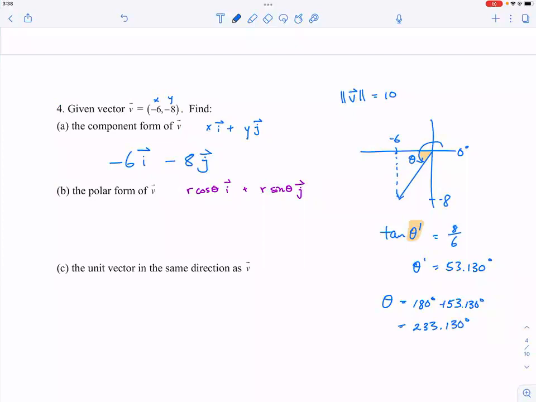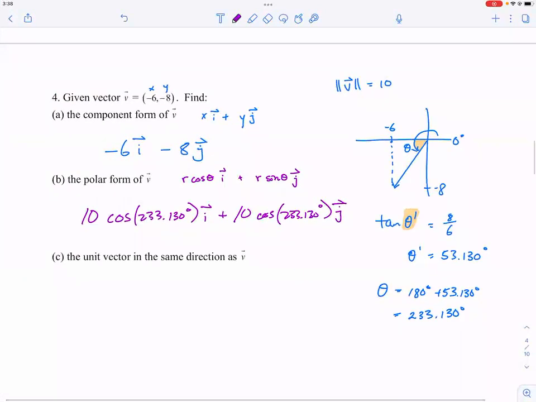So your polar form is going to be 10 cosine of 233.130 degrees i plus 10 sine of 233.130 degrees j. That will be your polar form.